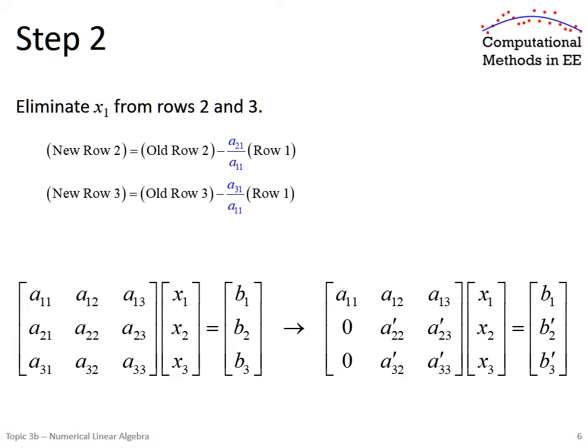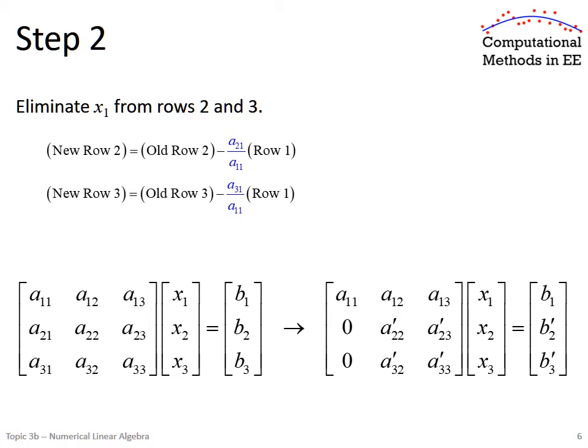Our next step, what we would like to do is eliminate references to the unknown x1 from equations 2 and 3, which will be in rows 2 and 3. So we want to somehow eliminate this A21 and A31. We will do that by subtracting row 1 from rows 2 and 3.